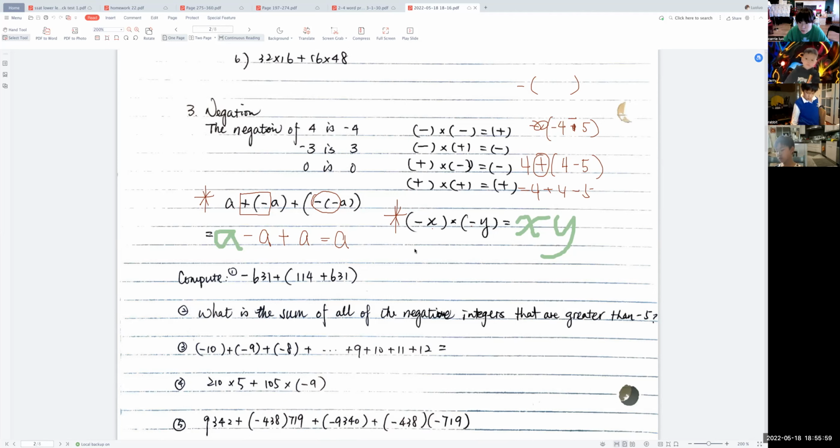Okay, so for instance, I have 5 minus -3 plus 9. So in order to take this bracket out, is 5 plus 3 minus 9. Get it?